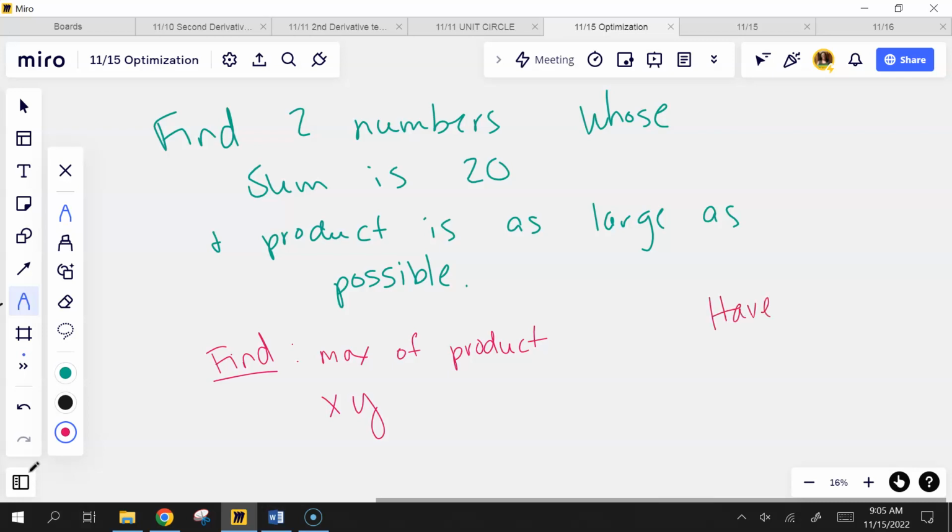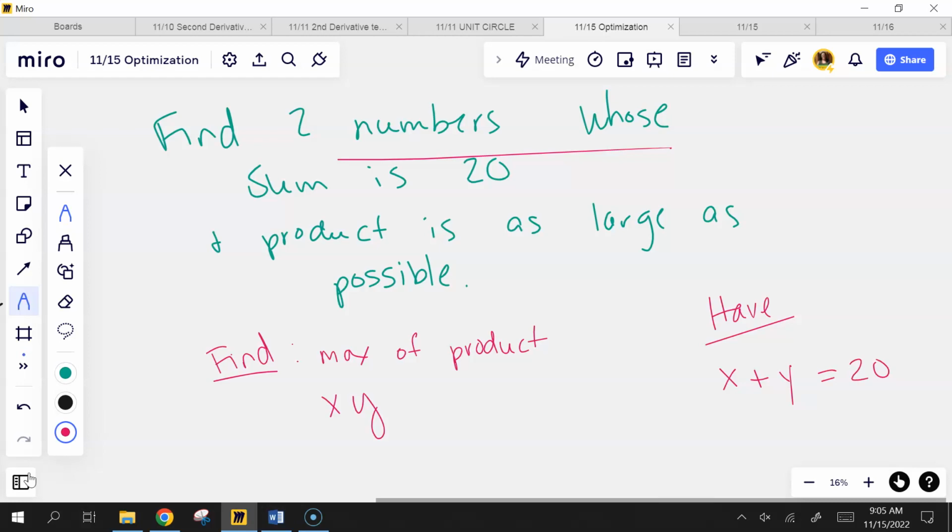And then what do I have? What have they given me? Because they've given me something to help me tackle this problem, right? So what is it that they've given me? Well, they've given me that the same two numbers have a sum of 20. Well, what does that mean? That means that if I add them together, I get 20.